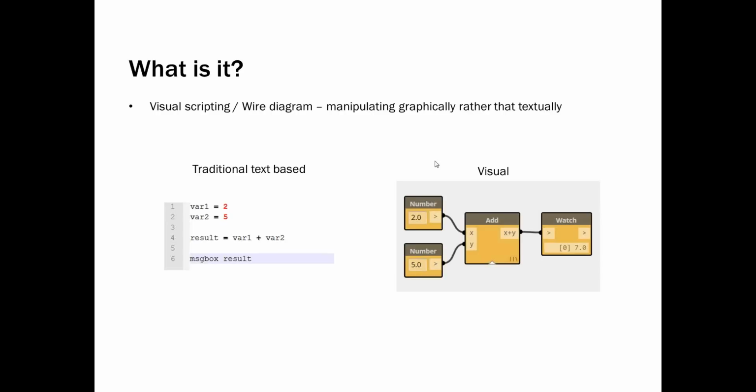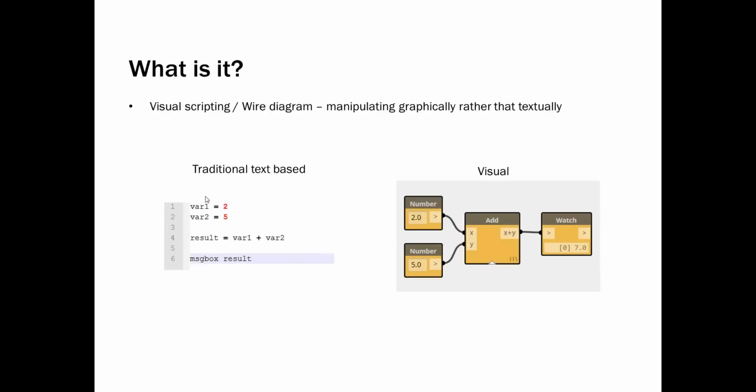So Dynamo, as I said, is a visual scripting language. Compared to a traditional text-based scripting language where we are typing in certain commands and having the results, a very simplified example off to the left there of adding 2 and 5 together.